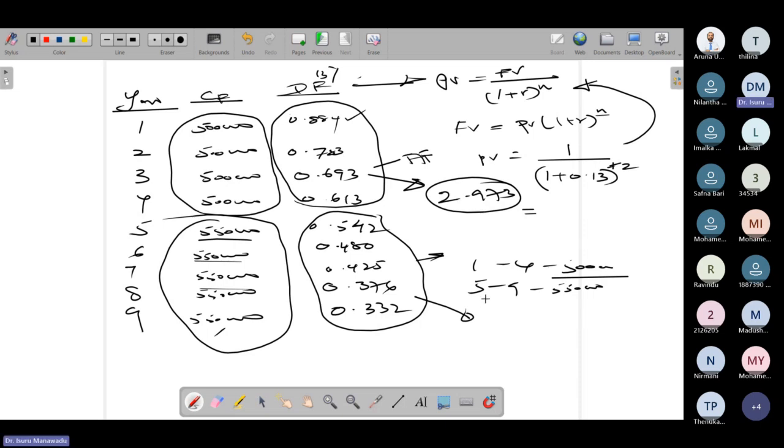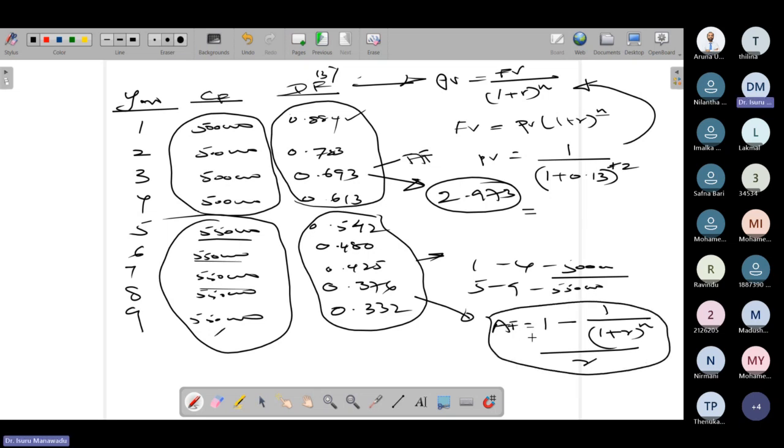The same answer can be taken by using the annuity factor equation. Annuity factor equals 1 minus 1 over 1 plus r power of n, all over r. This is the annuity factor equation. So annuity factor equals 1 minus 1 over 1 plus r, where r is 13%.